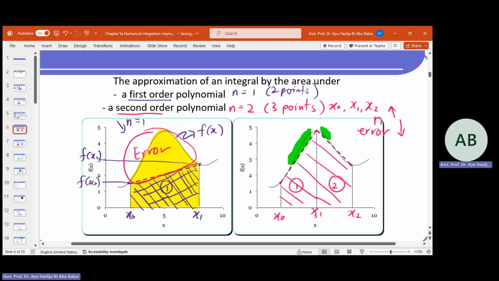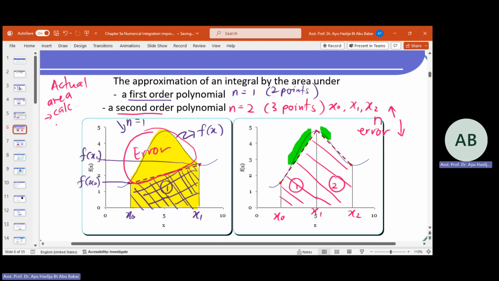Now, how to find the actual area under the curve? Using a calculator. Do the integration using a calculator. Then you will find the true value.